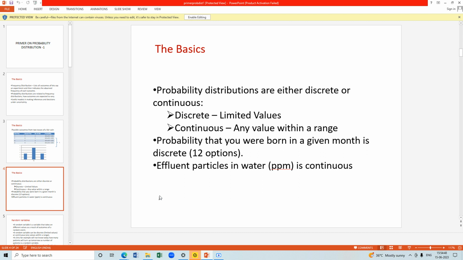For example, the probability that you were born in a given month is discrete because there are only 12 possible options. On the other hand, if you're measuring effluent particles in water in an experiment, which is particles per million, that can have any reading. So it is continuous in nature.